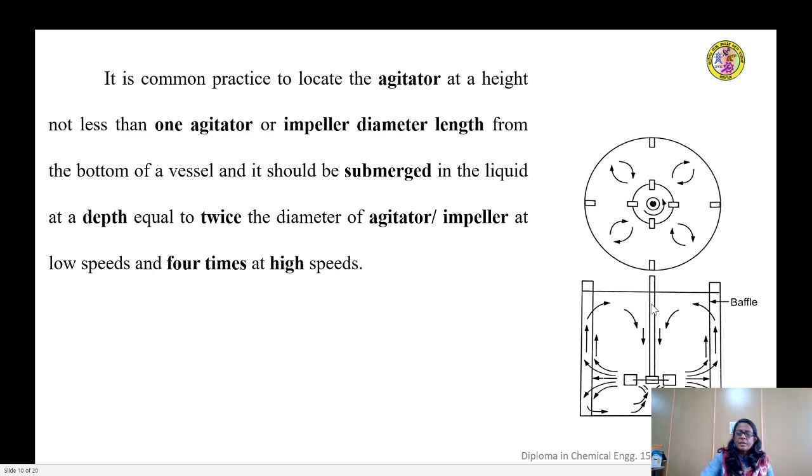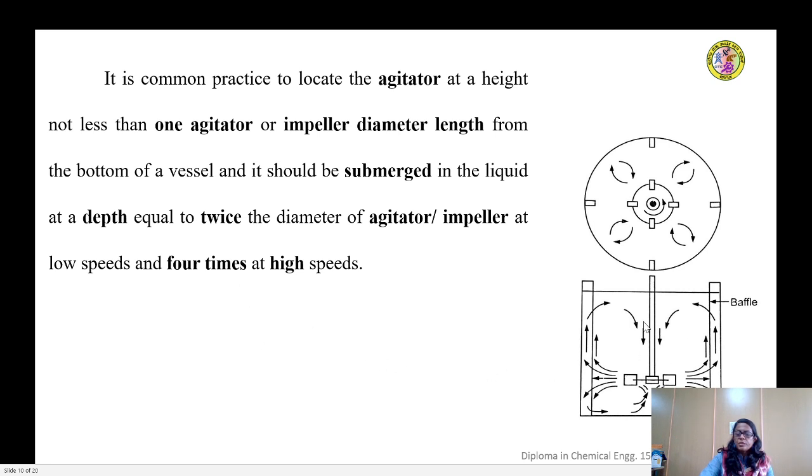Usually, the agitator will be located at a height from the bottom which is equal to the diameter of the agitator. That is the standard method used to locate an impeller in an agitated vessel. However, the speed decides at what height this has to be used.